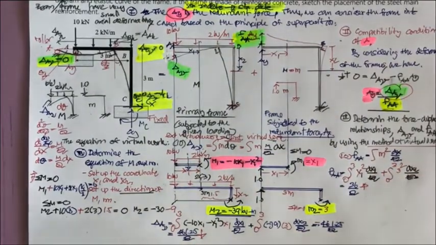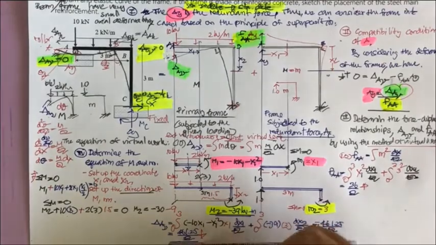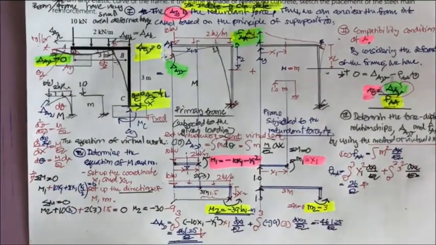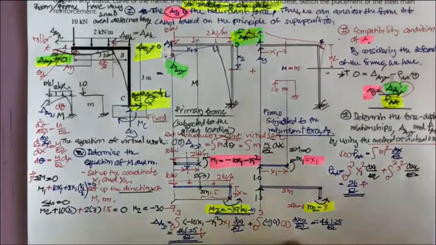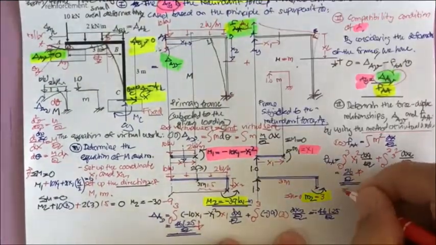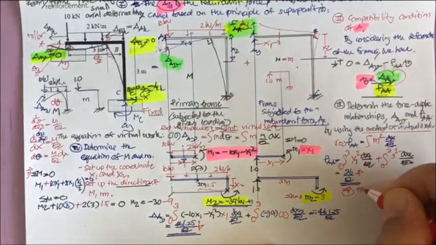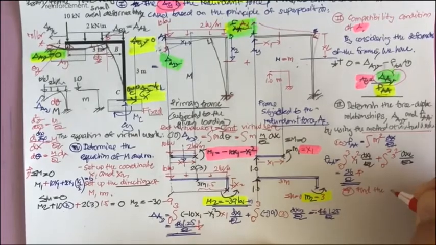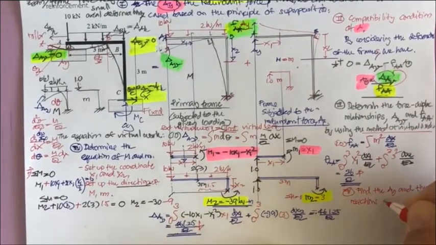Okay, now we can determine the delta sub AV and F sub AA, and the sixth step, we're going to find the A sub Y and the reactions of the frame.